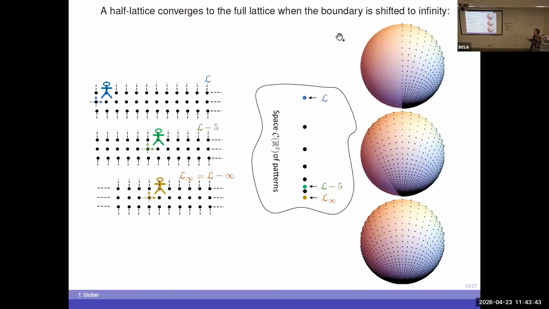And if you shift the position of the lattice to infinity, then this covers more and more of your sphere. And so if you use the notion of the Hausdorff metric, then really what these half patterns do is they converge to the full two-dimensional lattice when you move to infinity. So very visually, we can tell this is the correct topology for our problem.